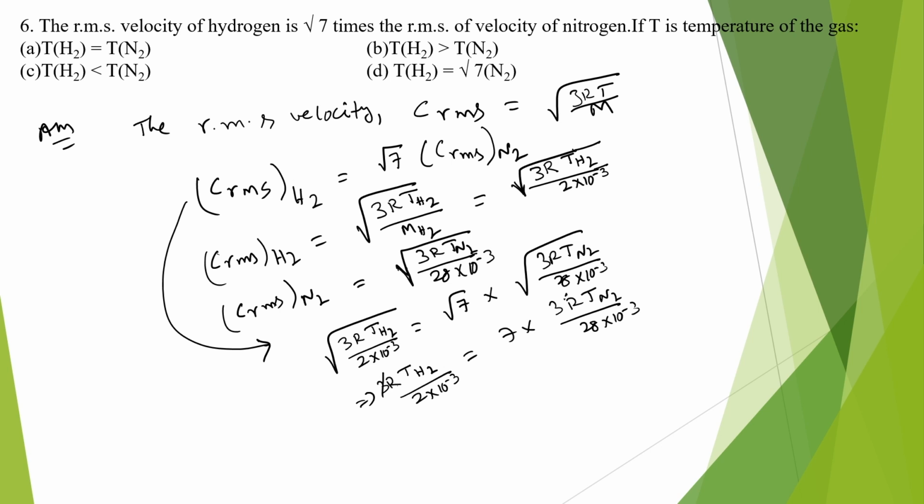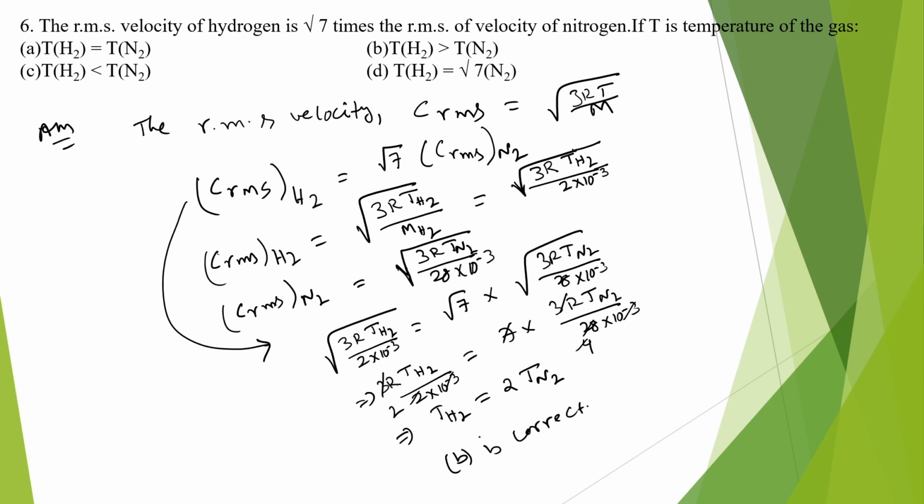Now this 3R gets cancelled, 10 to the minus 3 gets cancelled, this one is 4 and this gives you 2. So we get TH2 is 2 times TN2. So option B is correct.